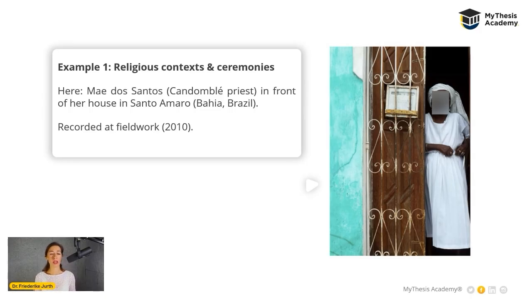So here we are talking about a religious area. The ceremonies and rituals which are taking place are normally closed to the public, and they are only open to the persons who are part of this community.